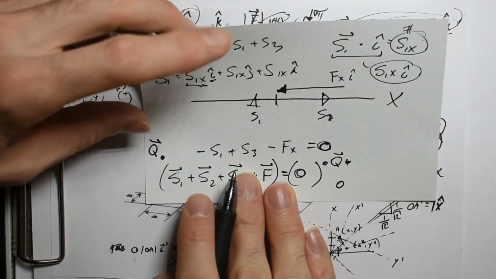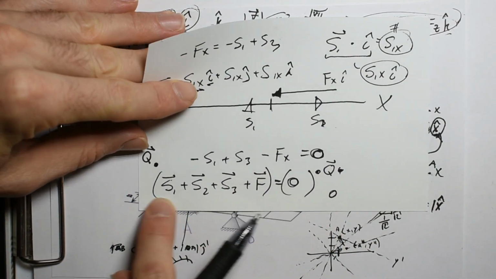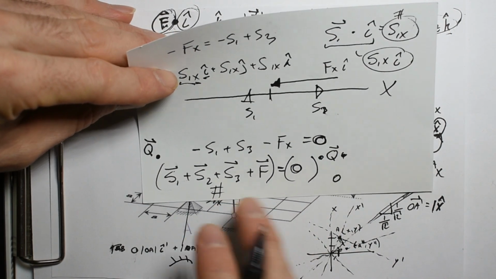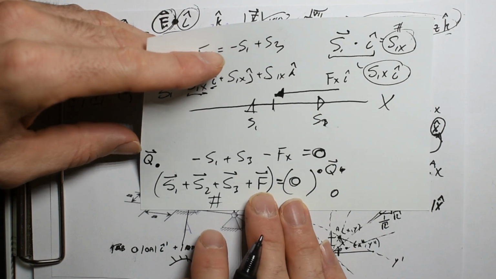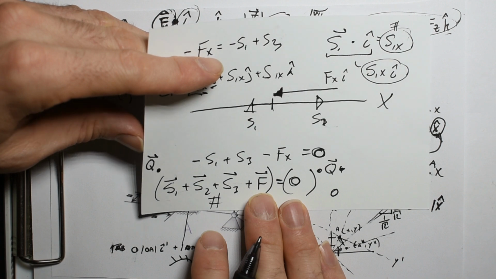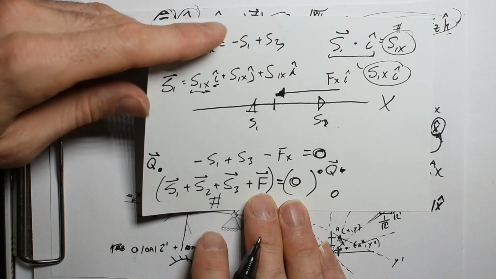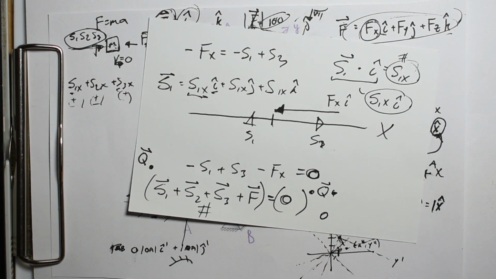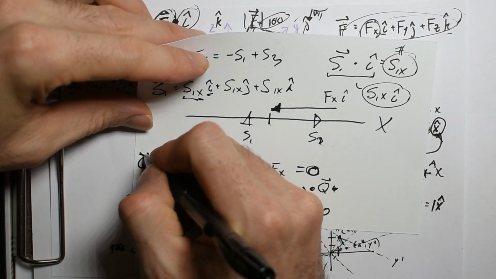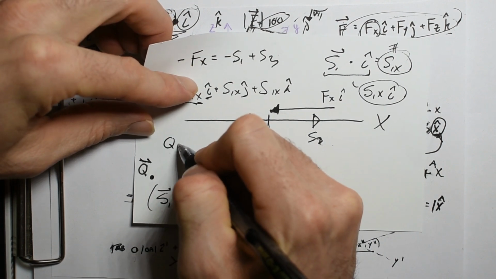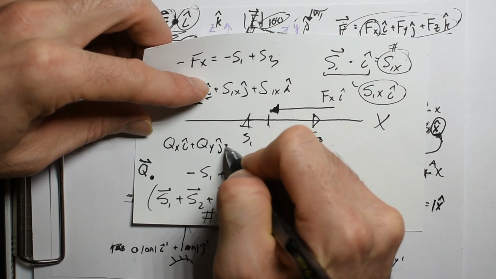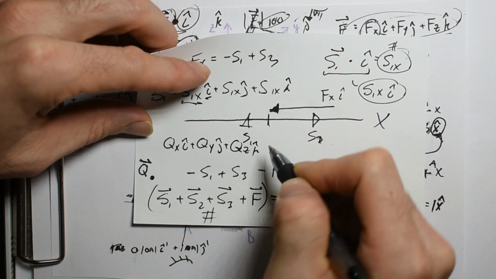And then over here, I would just get a huge scalar, but for the solution, oh yeah, this was the trick, because this q also had qx i hat plus qy j hat plus qz k hat.